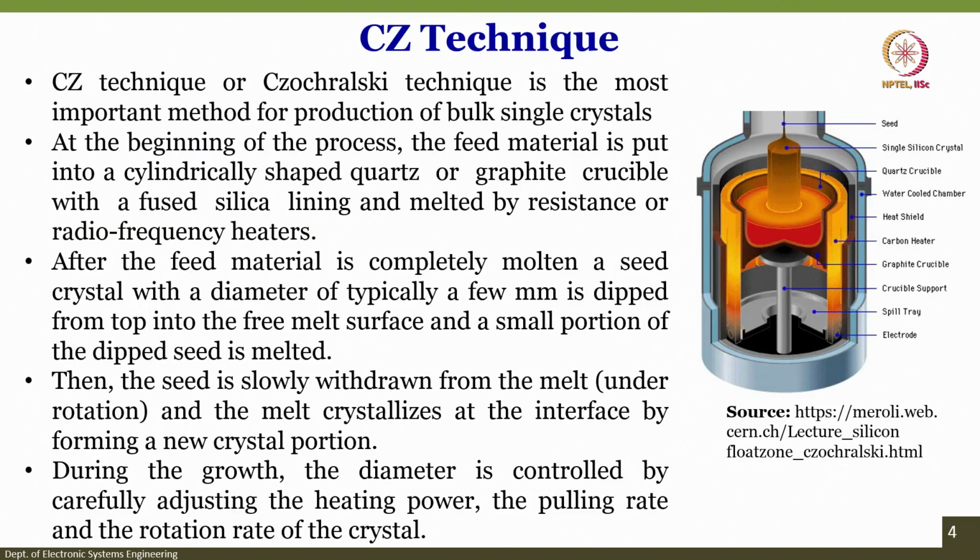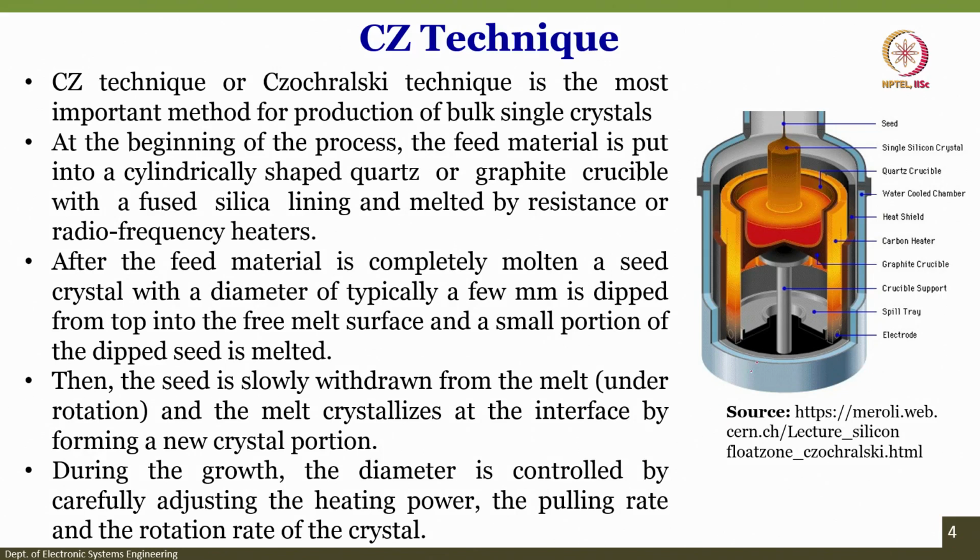So, let us go for the first technique, which is the CZ technique. The Czochralski technique is the most important method for production of single crystals. Before the process we should learn how the system looks.